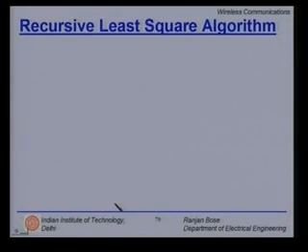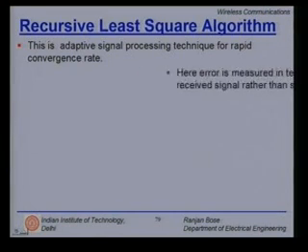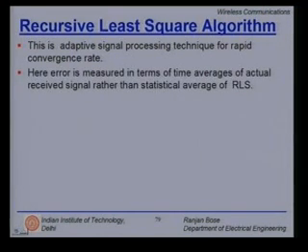Let us now come to the final one, RLS, or recursive least square algorithm. This is an adaptive signal processing technique for rapid convergence rate. LMS is usually known to be slow. RLS, on the other side, is a much faster technique. Here error is measured in terms of time averages of the actual received signal rather than statistical averages as in LMS.